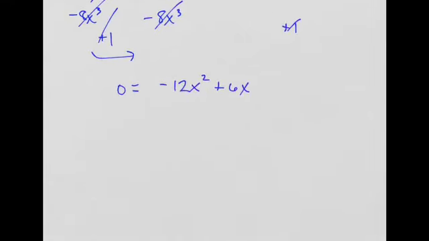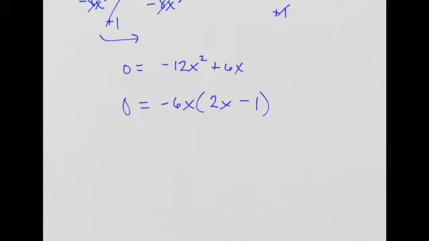Now, hopefully you're thinking, I could just factor. The first term's negative, so maybe I'll factor out a negative 6x, and then I get positive 2x minus 1.